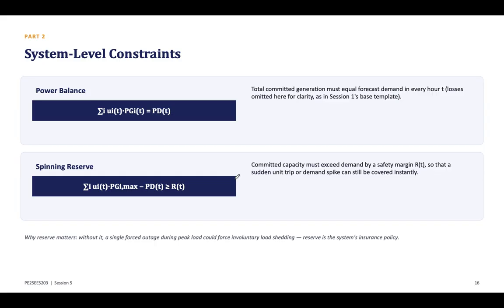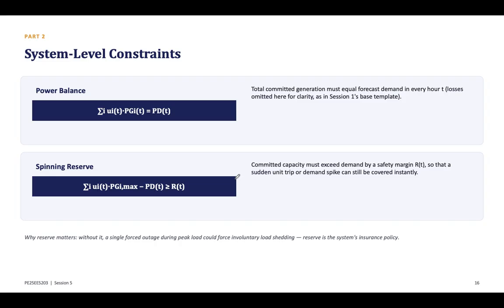So the reserve inequality compares the total maximum capacity of committed units with the present demand plus required safety margins. This explains why commitment is based on capacity as well as energy cost. A unit may be committed primarily to provide a reserve even if its scheduled energy output is small.